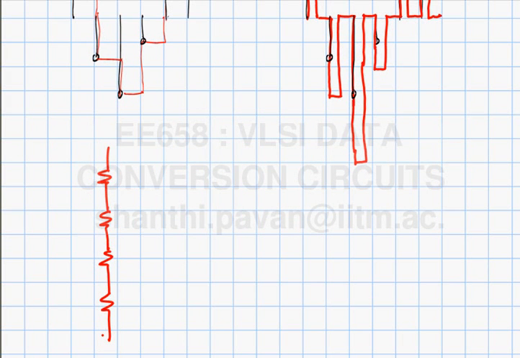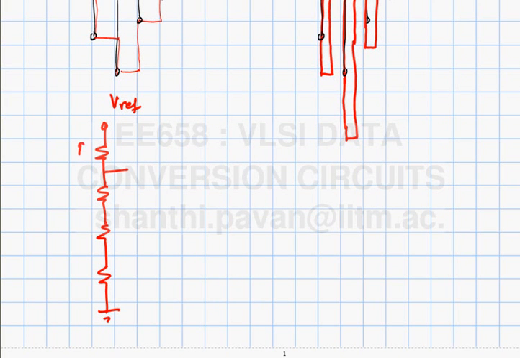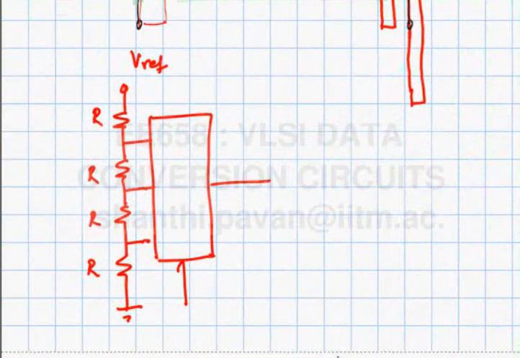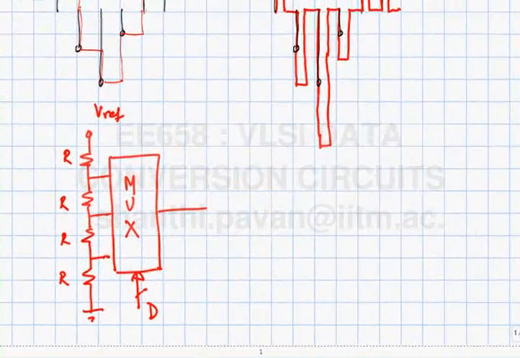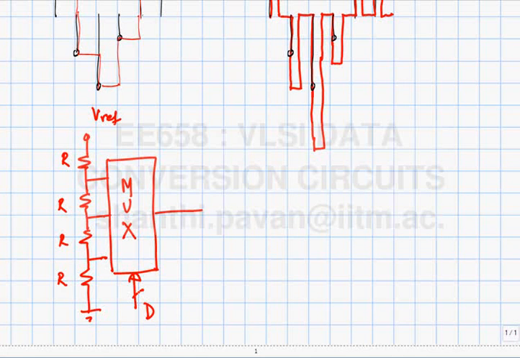A resistor string of the flash is basically nothing but a DAC in disguise, because if this was the top of the ladder and this was the bottom of the ladder, these are all equal resistors. These were generating equally spaced voltages. If you want an analog output which corresponds to a digital code D, one simple way of doing it is to have some digital logic which will switch one of these guys to the output.